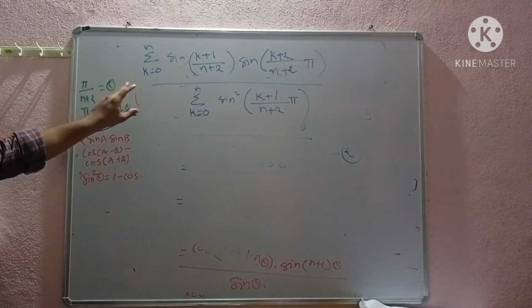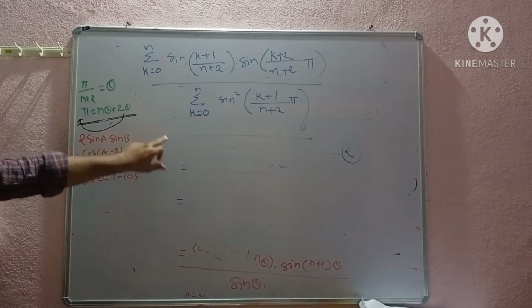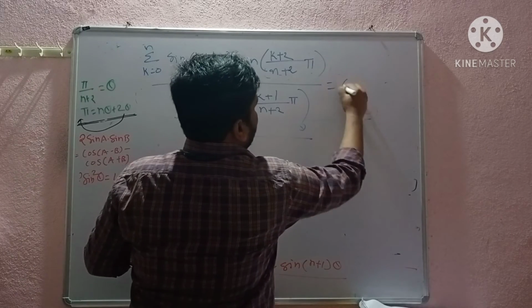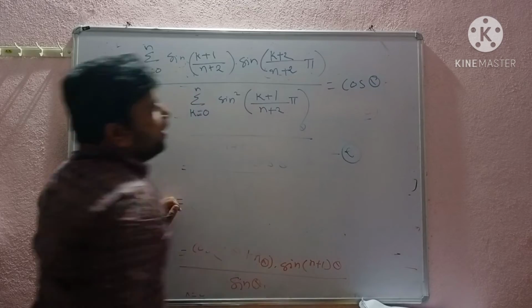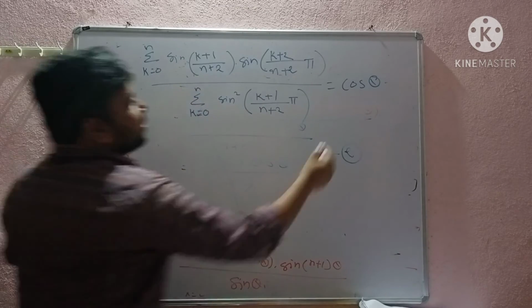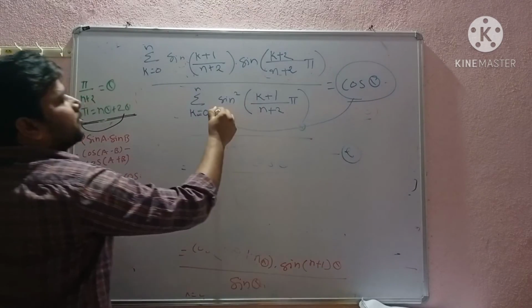So the entire value for this equation is cos theta. We have simplified the value for this entire equation right now. This is the simplification of this bigger term, which is cos theta.